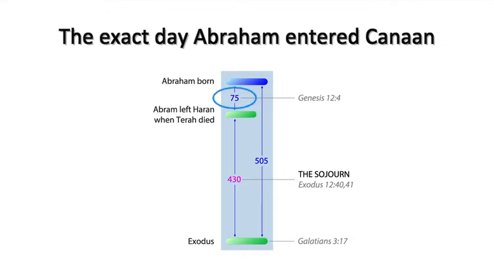And the Exodus took place exactly to the day 430 years after that, again on the 15th day of the 7th month. But at that time, God changed the calendar so that the 7th month became the 1st month, making the Exodus to be the 15th day of the 1st month on the new calendar. I hope you're gaining an appreciation of the precision and the perfection of the Bible's chronology.